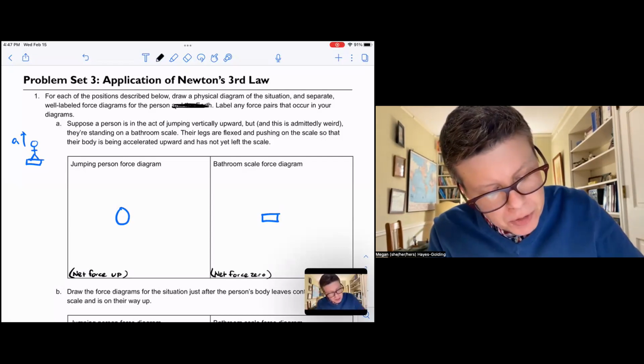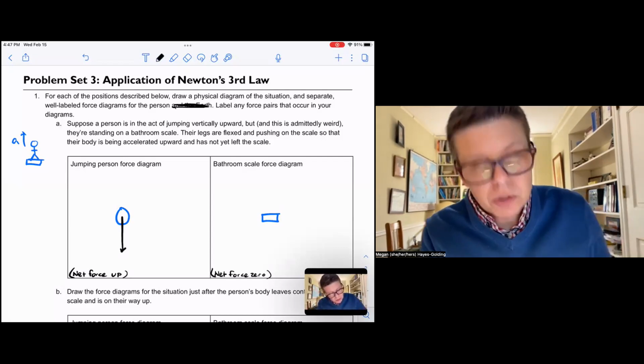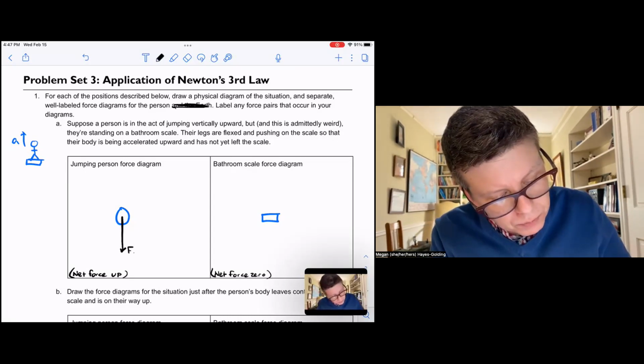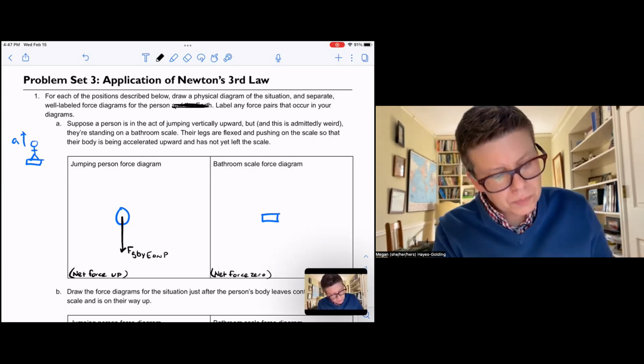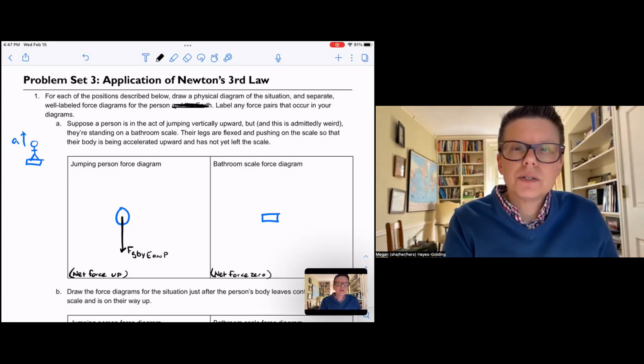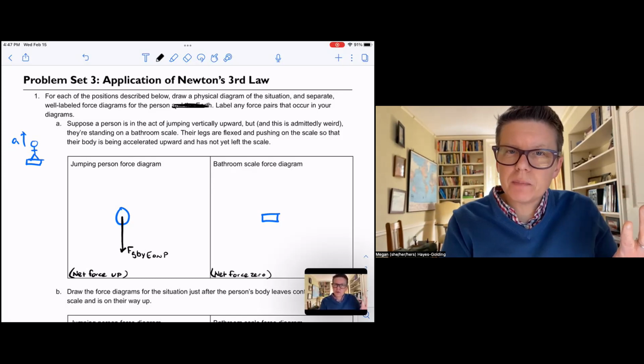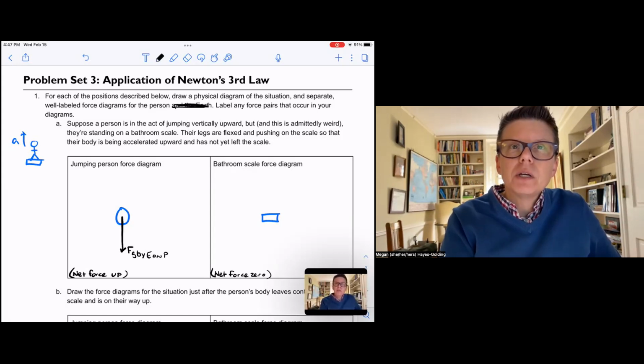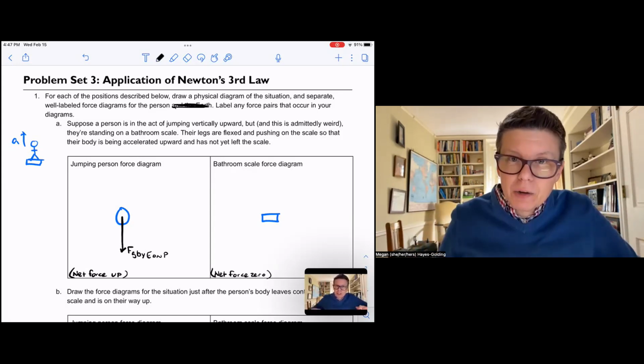Forces acting on the person include your typical and obvious gravitation, and something that's pushing the person up. So yes, their legs are pushing them up. That's part of the person. But that's them pushing down on the scale.